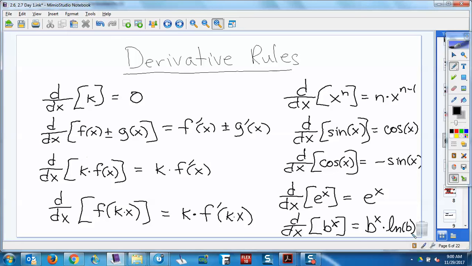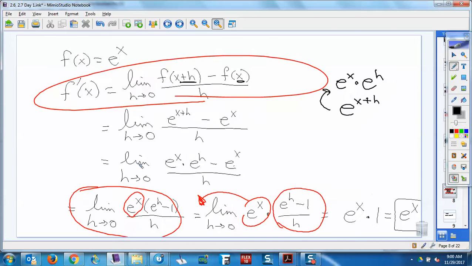And actually, it works for e to the x too, because this would be e to the x times ln e. What's ln e? 1. So that rule would actually work for e to the x, but ln e is just 1. Okay, so back to this one.